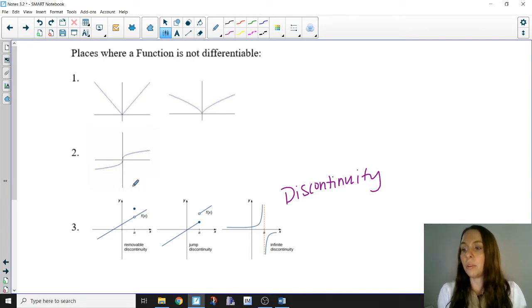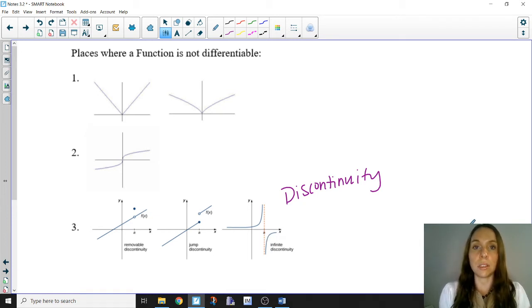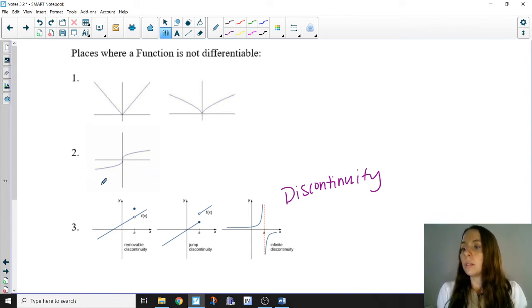Any type of removable discontinuity, any type of jump discontinuity like we had in the piecewise opening question number 2, or any type of infinite discontinuity will automatically disqualify a function from being differentiable at those points that are not continuous.